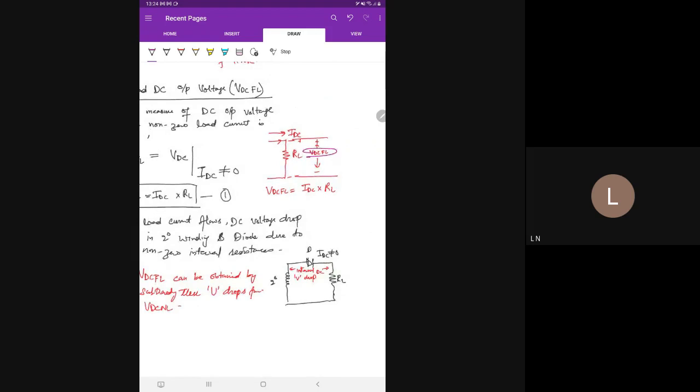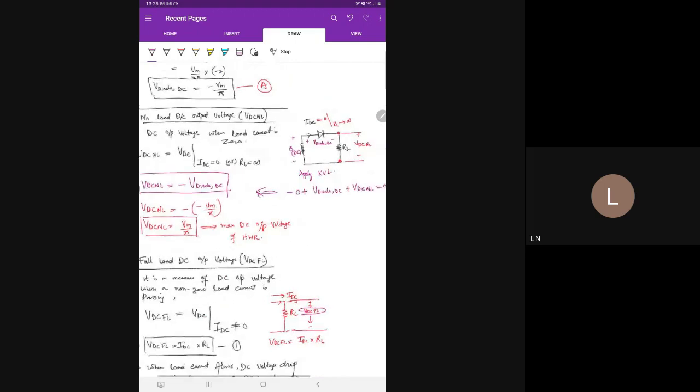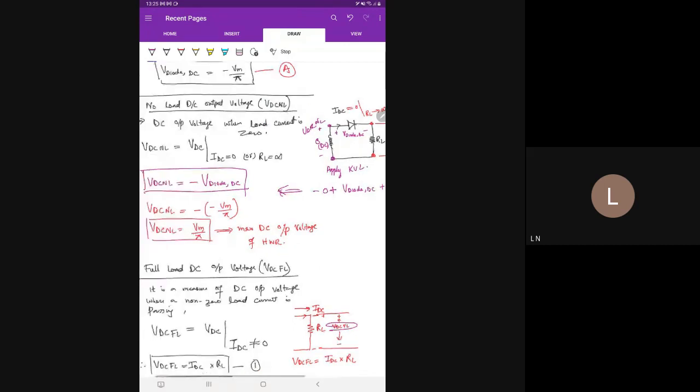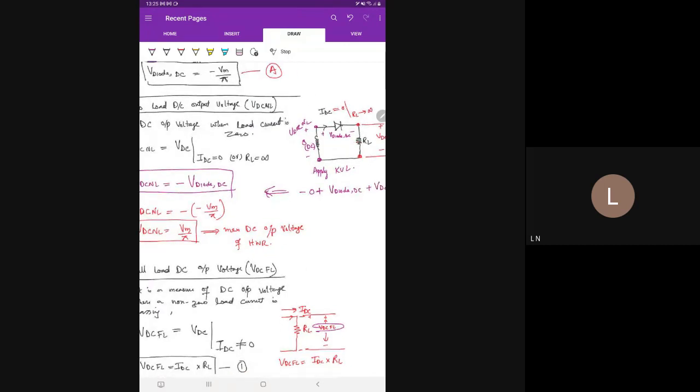But in the previous diagram, the circuit is open here, so VDC no load will appear here. Current does not flow, IDC is 0.